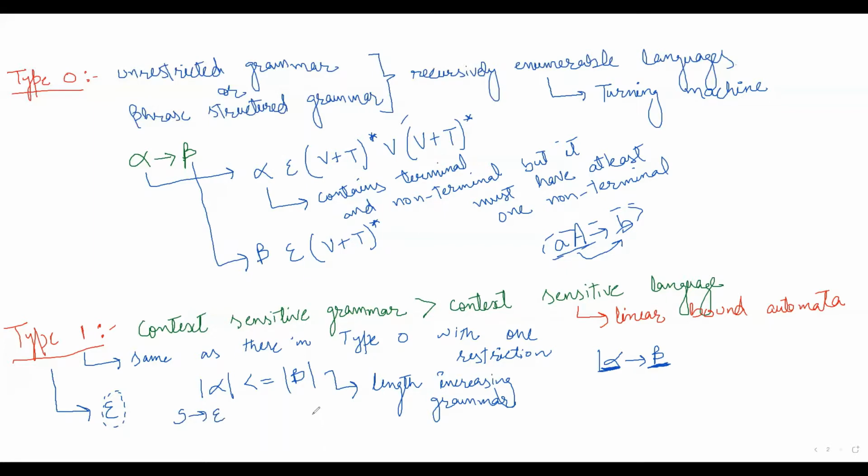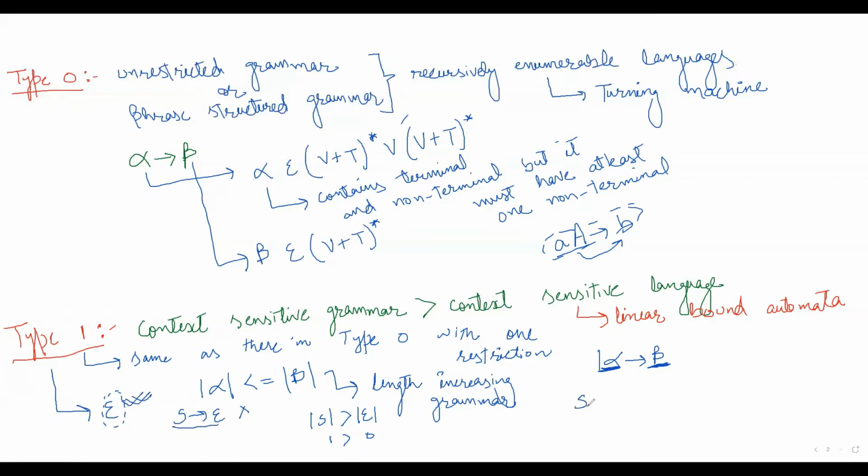But here the length of the left hand side, that is S, is greater than the length of the right hand side, because the length of the right hand side is 0 and the length of the left hand side is 1. 1 is greater than 0. So this cannot be generated using type 1 grammar. However, if you want a type 1 grammar such that it generates epsilon as well, then you can have this exception.